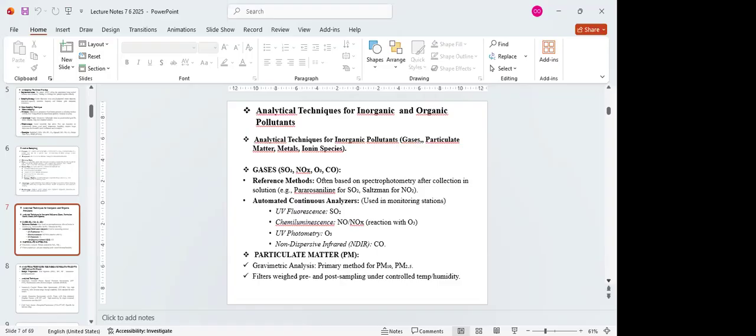Now, for particulate matter, after we've collected the deposited particles from the filter paper exposed to the environment, we harvest the particulate matter, and we use gravimetric analysis for their detection, particularly the quantity, as the case may be.